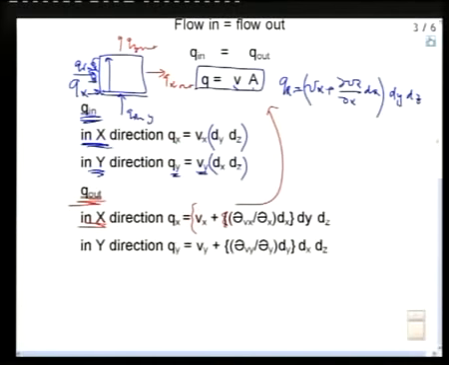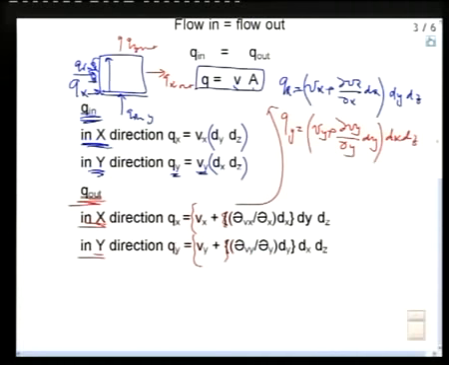Now, the same thing for the y direction. Qy out equals Vy plus the partial of dVy by dy along dy multiplied by dx dz.